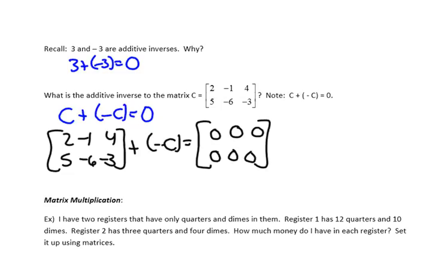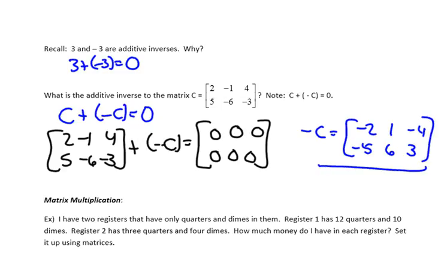I'm going to take the additive inverse for each element that is in matrix C. So that's easy to determine. Okay, so that'd be -2, 1, and -4 for the first row, and -5, 6, and 3 for the second row. So this matrix is the additive inverse to C. And again, easy to check. When I add the two matrices together, I should get the zero matrix.